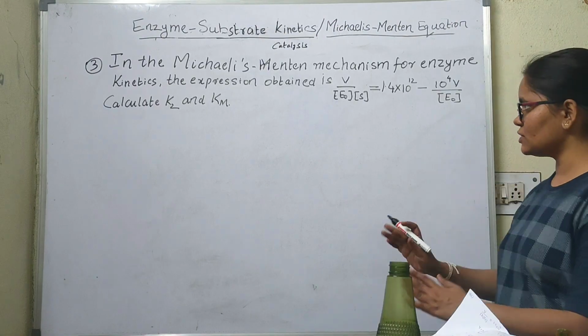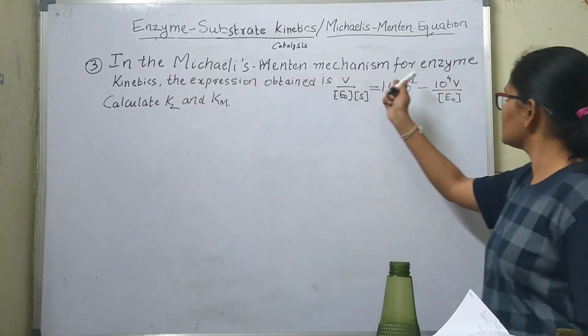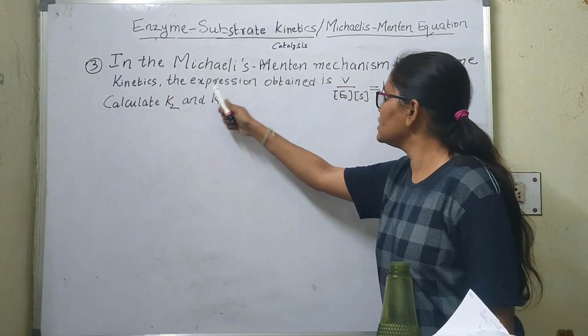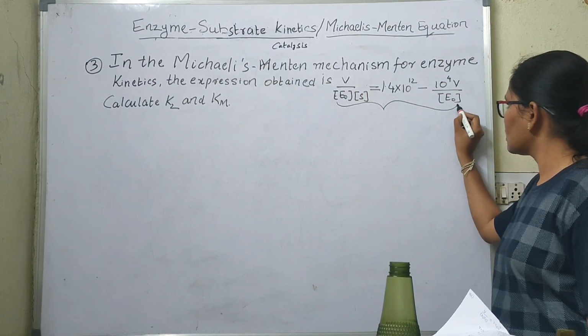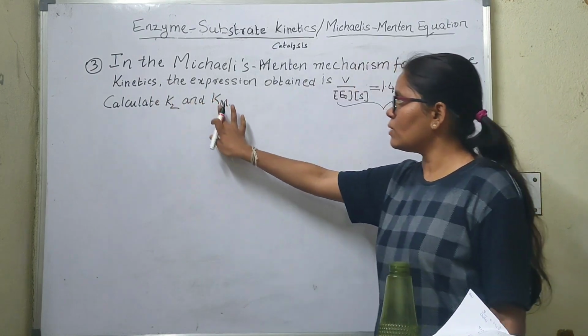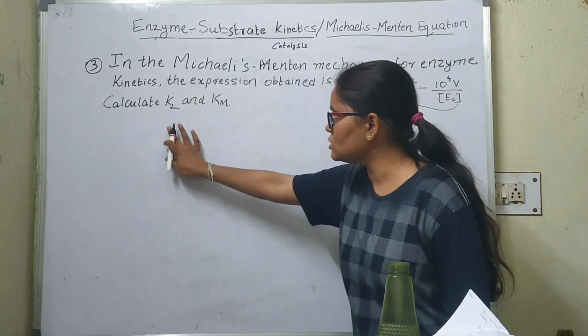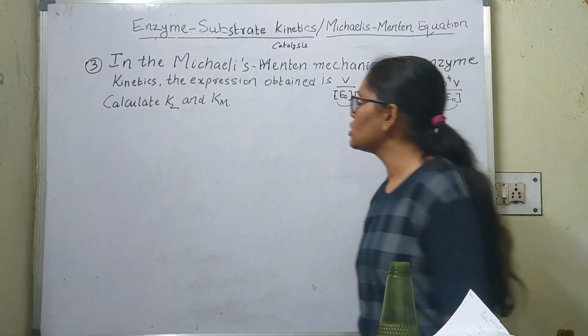Let us solve this third question. This question says, in the Michaelis Menten mechanism for enzyme kinetics, the expression obtained is, so this is the expression given, and from this expression you have to calculate K2 and Km. K2 is the turnover number, Km is the Michaelis constant.